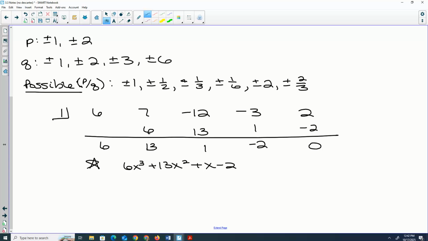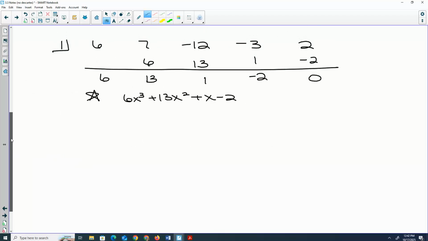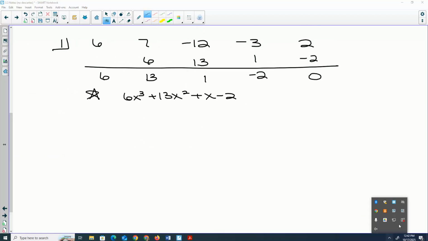Okay, so we just need another 0. Yes, I see it right there on my list. What I'm going to do is take this polynomial and divide it by -2.